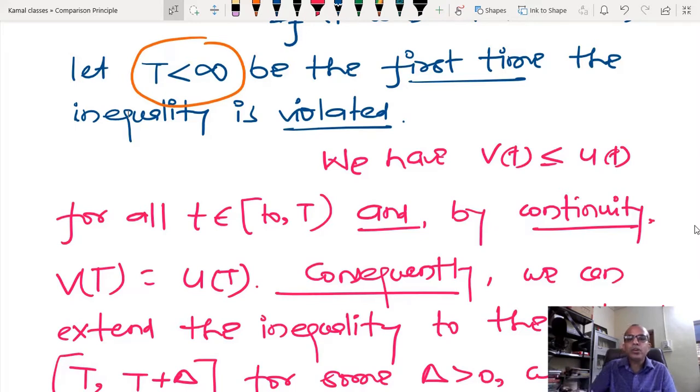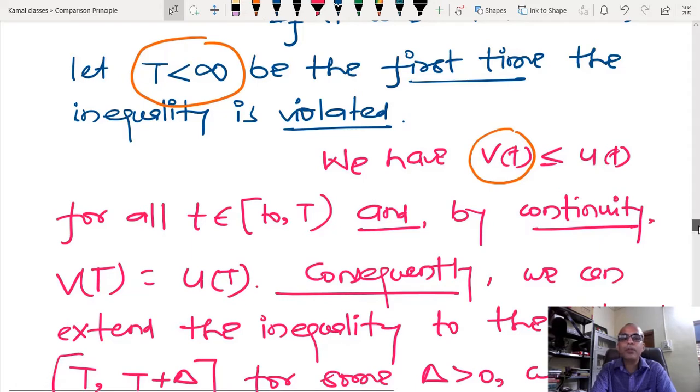One more important thing is that we know Vt is continuous. So from continuity, if the inequality is violated at this time, then Vt equals ut. Since something is continuous, I can always add some quantity, because continuity tells me that I am able to make a prediction of the future. Continuity somehow implies boundedness.